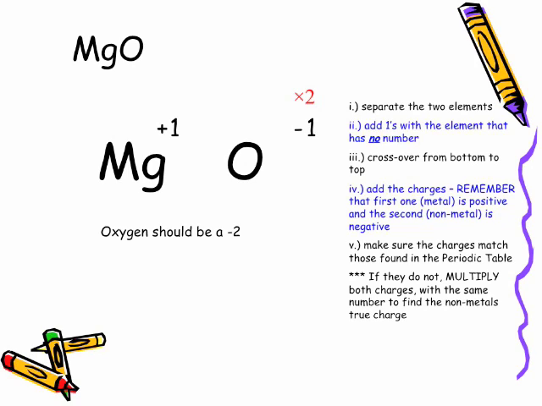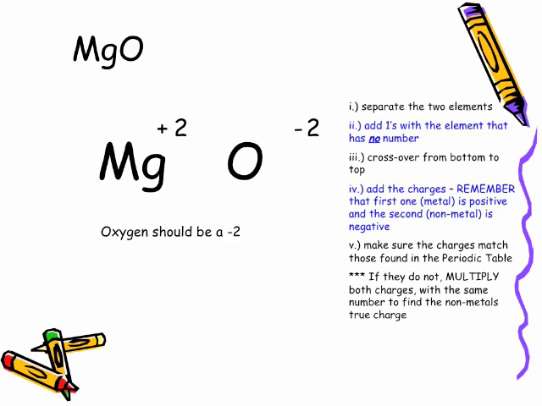But the most important part that you should always be looking for is that the non-metal matches in charge. The non-metal is the most important one to match in charge. So we're going to multiply that -1 by 2. But what we do to one, we must do to the other. So the charges now change. So Mg is +2, O is -2. Do they both have the charge that they're supposed to have?